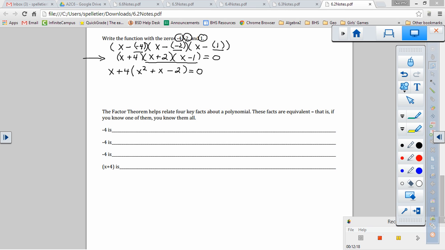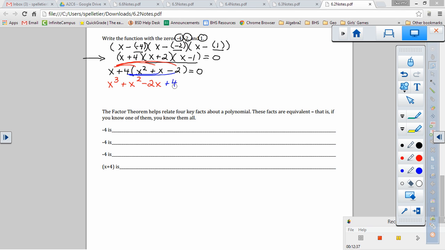Okay. Then I need to distribute my x plus 4. So I'm going to distribute my x to everything. Gives me x to the third plus x squared minus 2x. Then I'm going to use the 4 and distribute to everything.